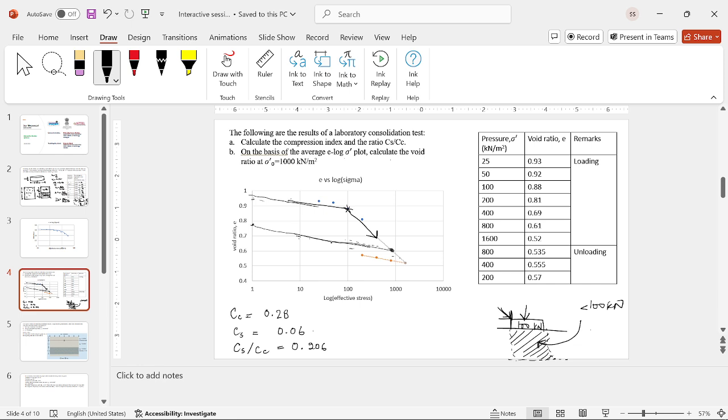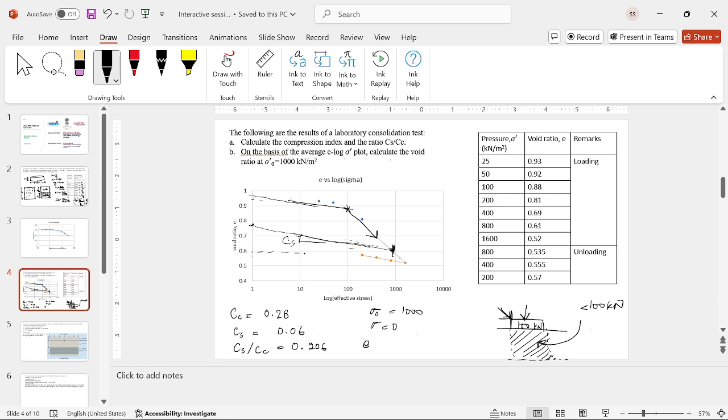Because we know the slope of this line, this is Cs, we know the initial and final. Sigma naught is 1000, and at sigma equals 0, let us say, we will get the void ratio.